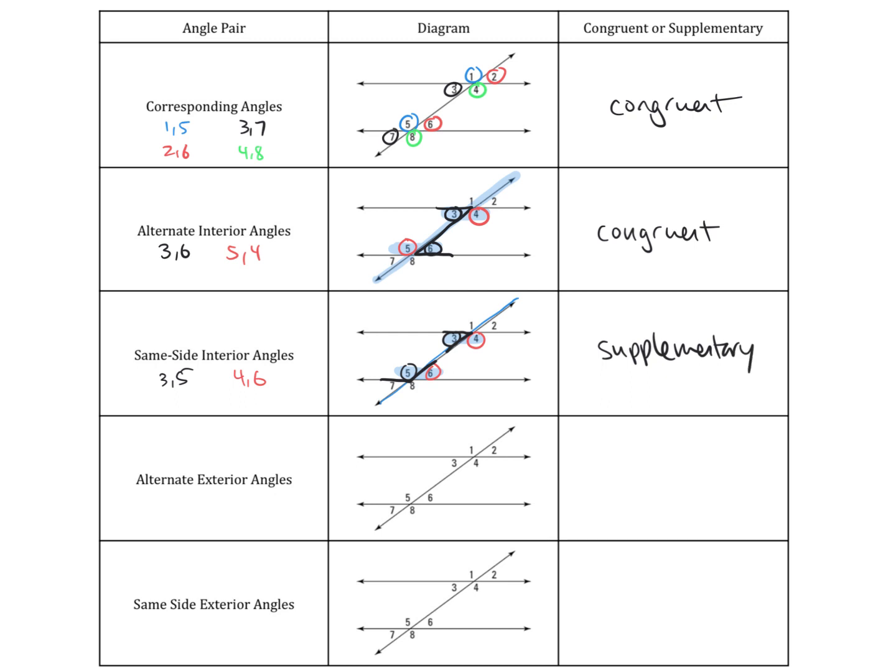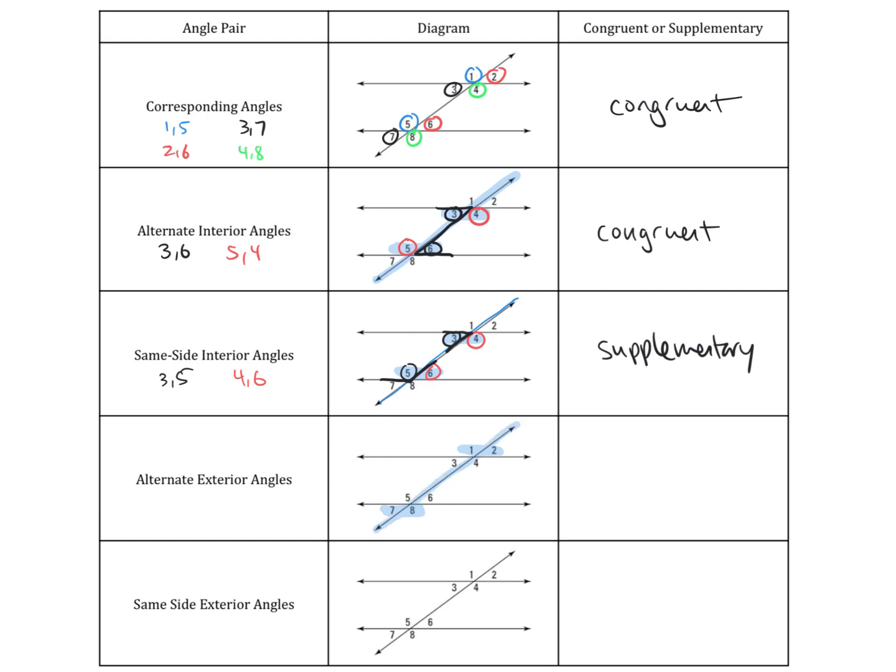The next pair is alternate exterior angles. So now we are looking at exterior angles outside the parallel lines. So angles 1, 2, 7, and 8 are our exterior angles. And alternate means they are on alternate sides of our transversal.